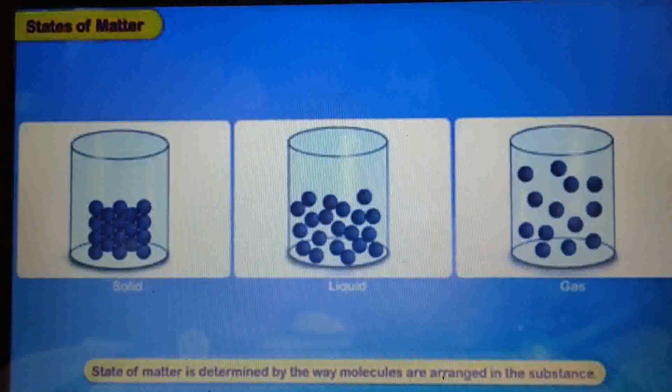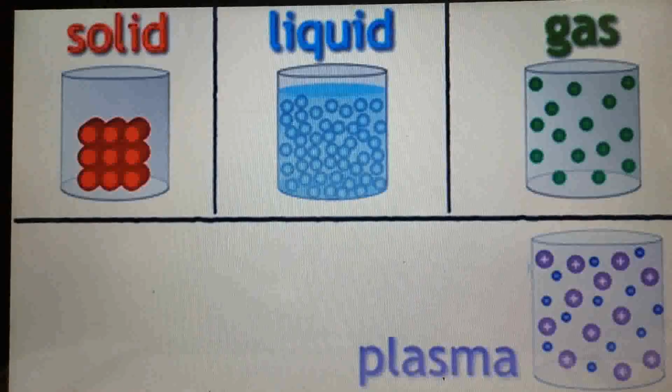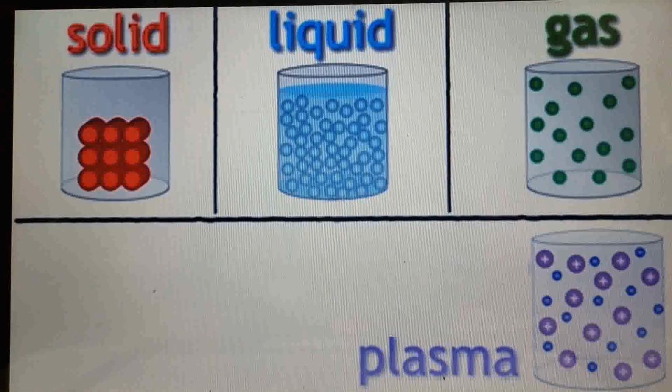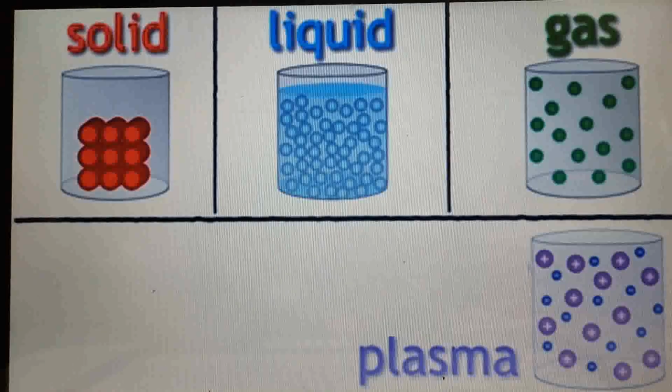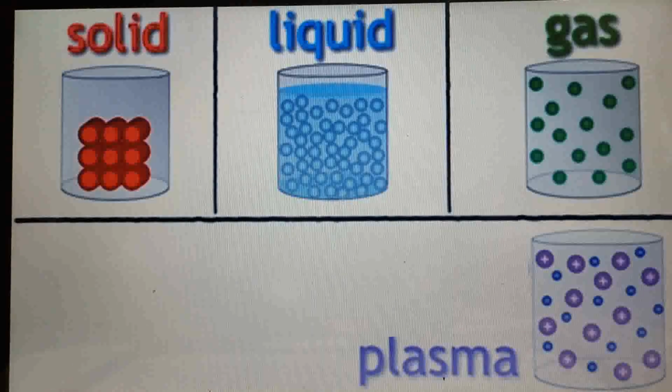Including these three states of matter, there is another state of matter which we call plasma. What can we call this state? Yes, plasma. Can you see the plus and negative signs over here? It means this state is an ionized gaseous state.